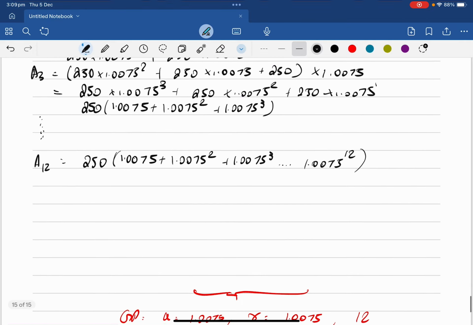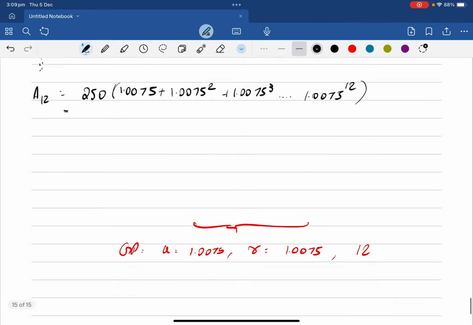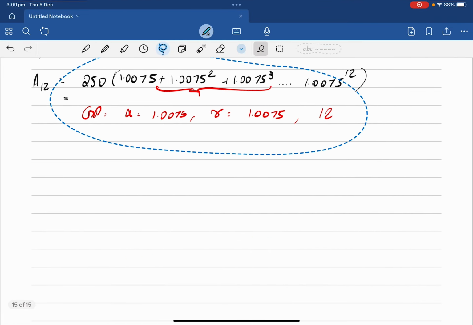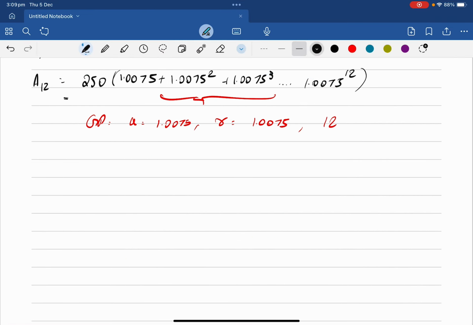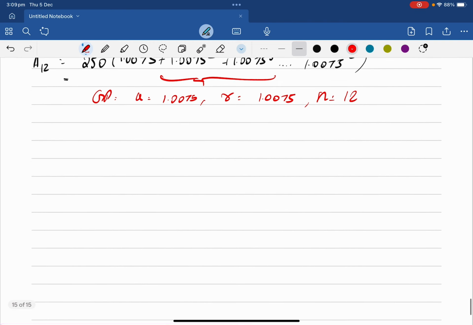Okay, that is the 12th term. And now we can say that this is a GP with these following properties. R is equal to that, and n is equal to 12. Easy.